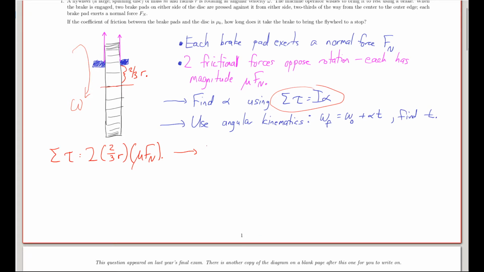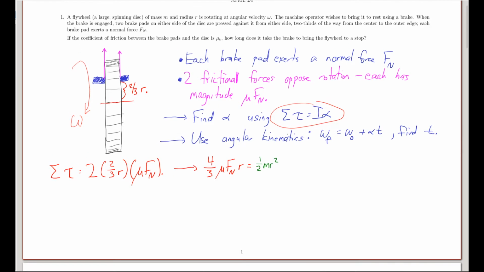So combining terms, I have 4/3 mu Fn times r equals the moment of inertia of a spinning wheel, which is 1/2 mr squared, times the angular acceleration.